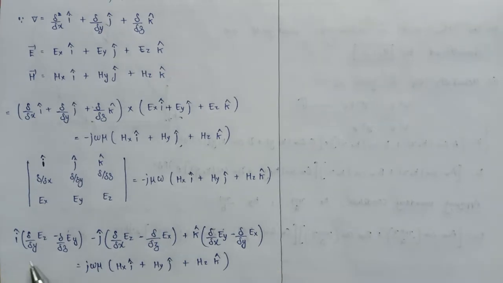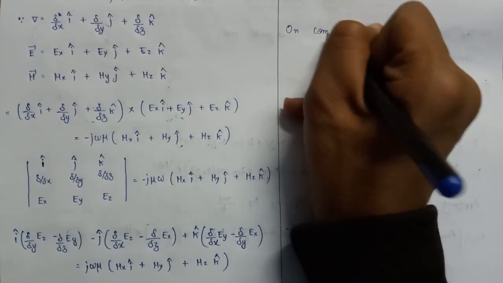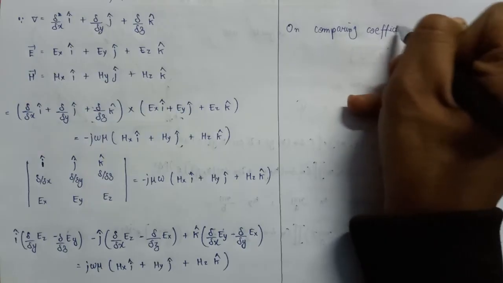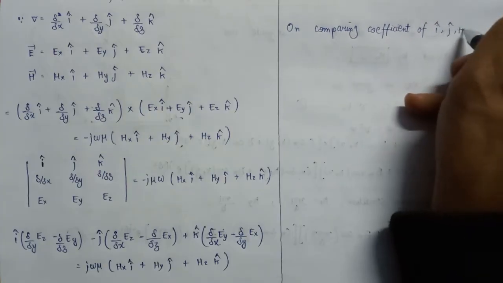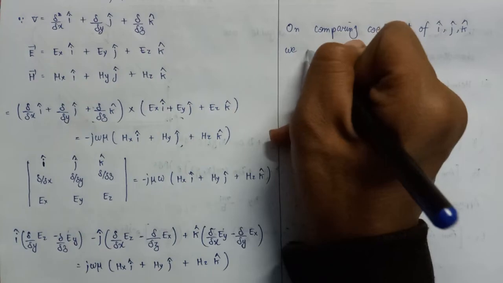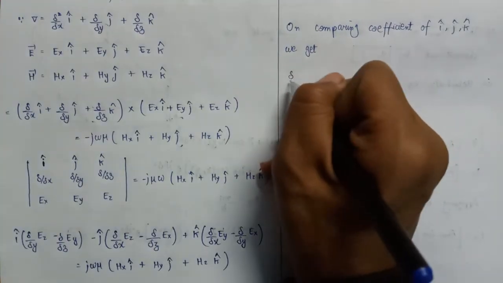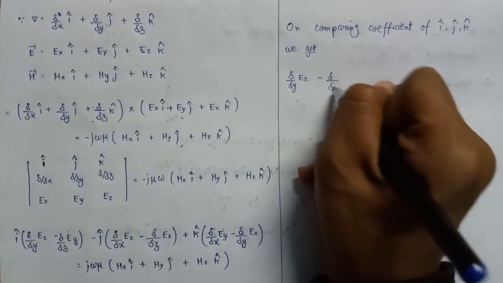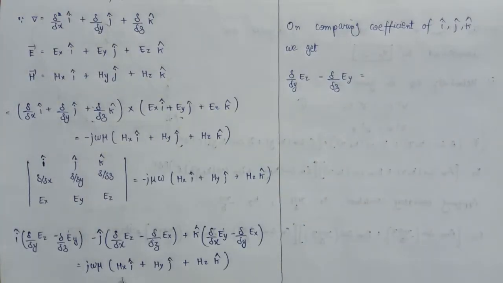Now, if we compare the coefficients of i cap, j cap and k cap on both the left hand side as well as the right hand side, then we get, on comparing the coefficient of i cap, del over del y into Ez minus del over del z into Ey, that is equal to minus j omega mu into Hx.